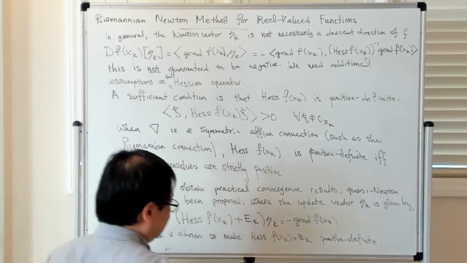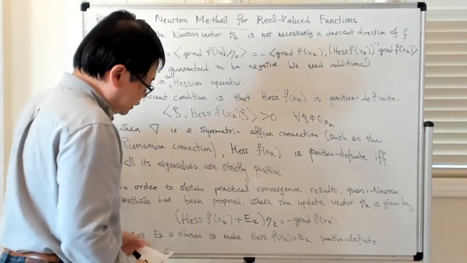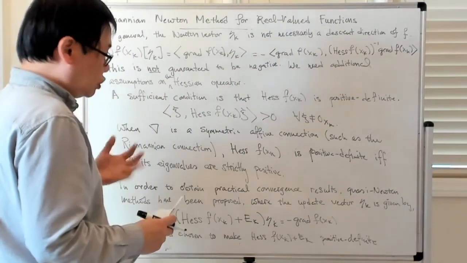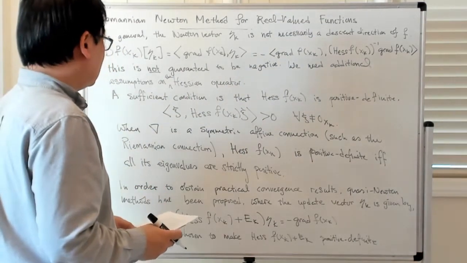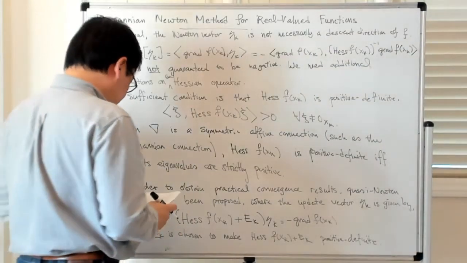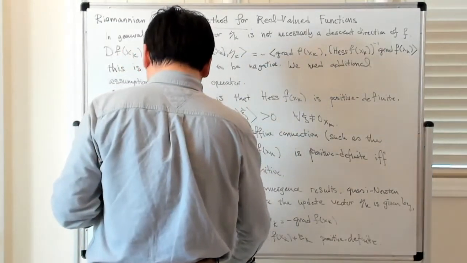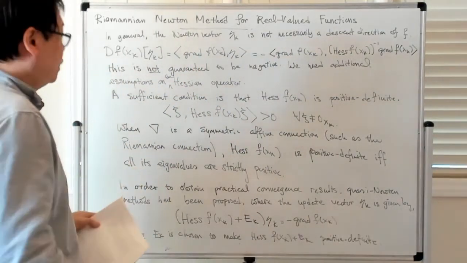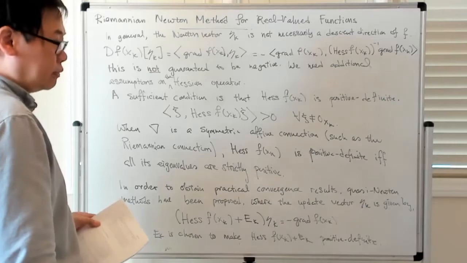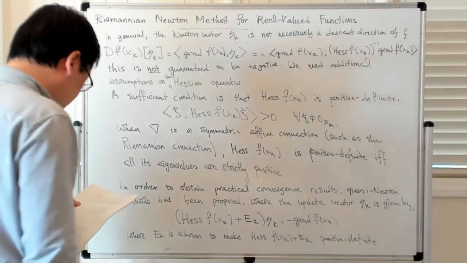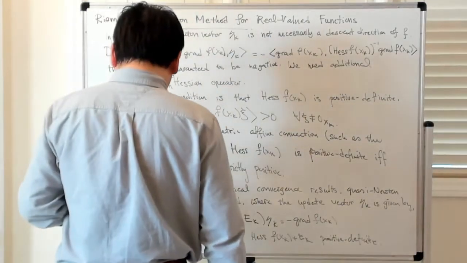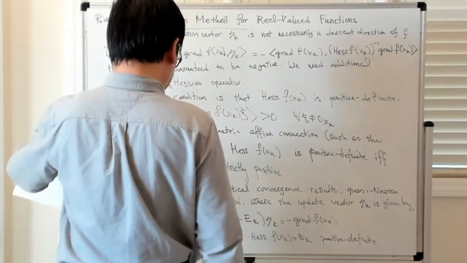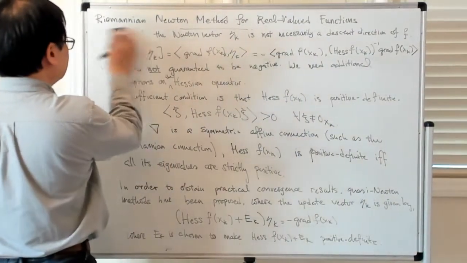And the point is that for suitable choices of ek, the search directions you obtain from this will be gradient related. And as you recall, in the proof of convergence for the line search algorithm, that is important for global convergence. So let me make some remarks about this.